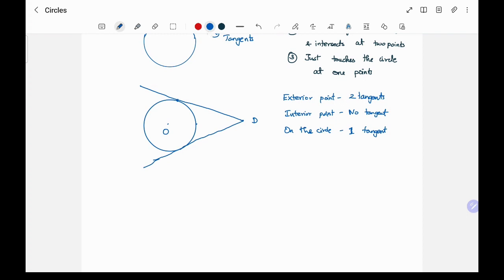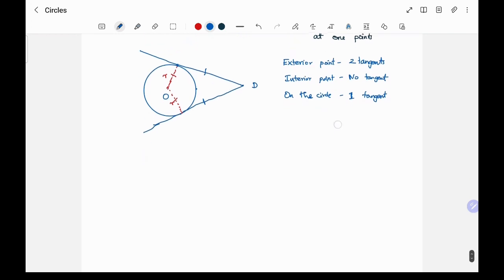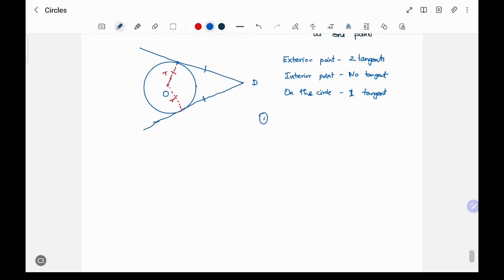So we'll see the properties of this tangent. If we just connect these 2 points, this is nothing but the radius, right? So this is equal to this, and what we also have is this is equal to this. So the first property is the two tangents drawn from the exterior point are equal.